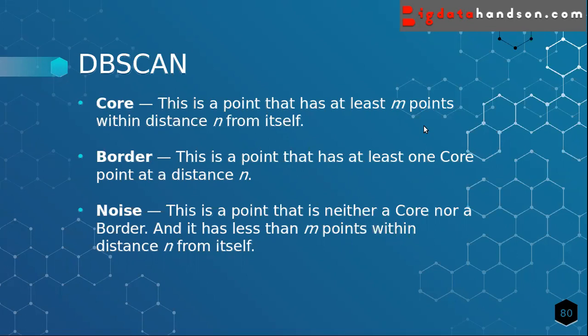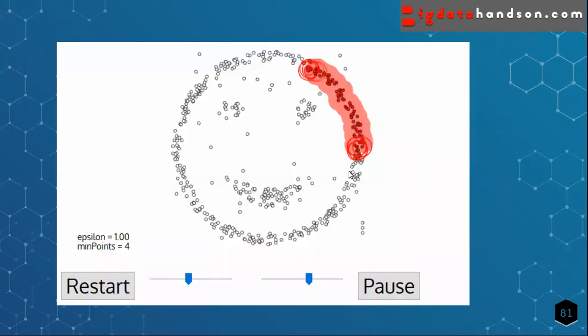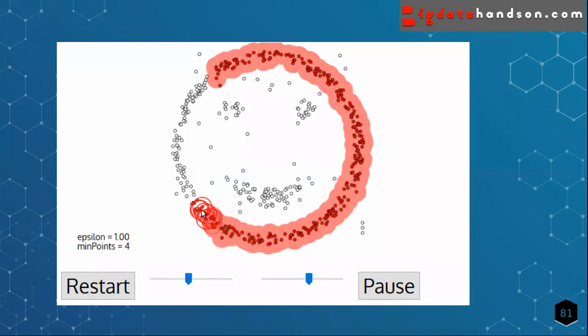This is just an animation of how it's working. You can see it's clustering where the density is. In this circle we have a density, so it's trying to cluster that, and inside we have the density right here, so it will try to cluster that.